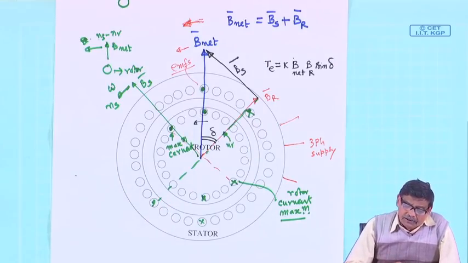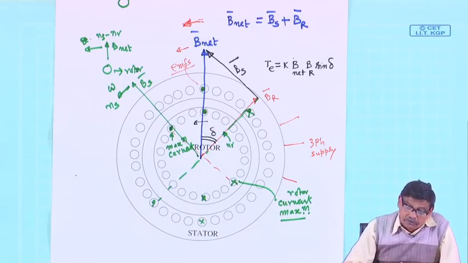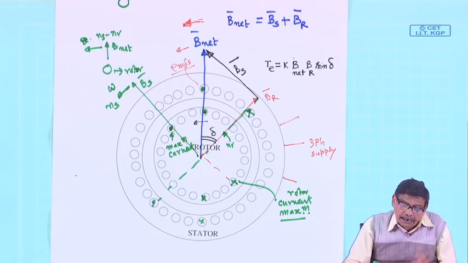But one can also apply what is known as the left hand rule to find out the direction of the torque produced.